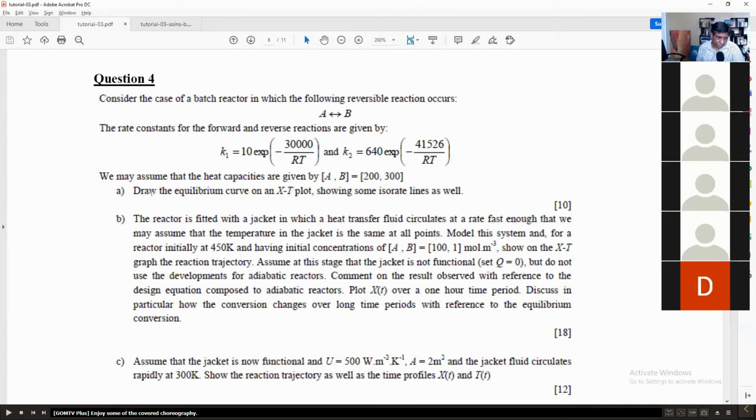So we want to draw the x-T plot, and of course you can see in the notes, and you've got enough experience in how to do that. And now we are told that this batch reactor is fitted with a jacket with a fast circulating heat transfer fluid.